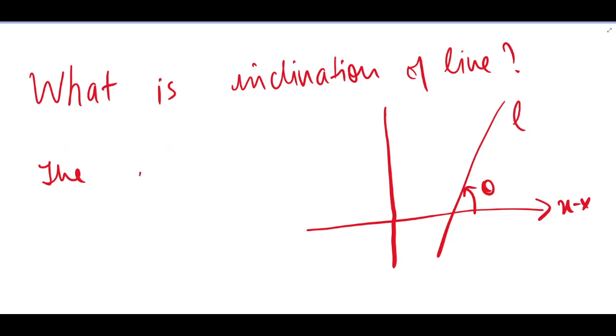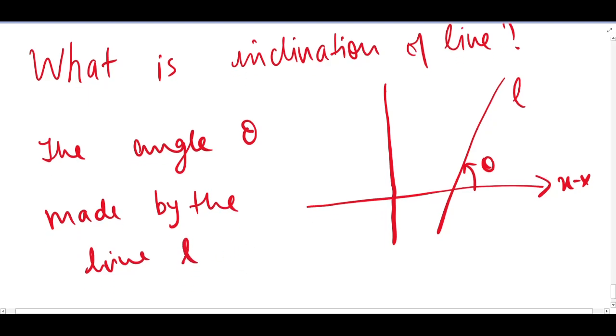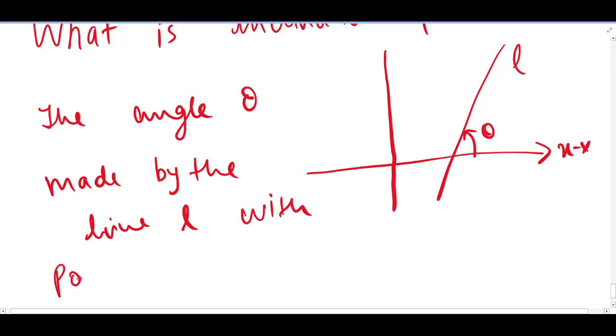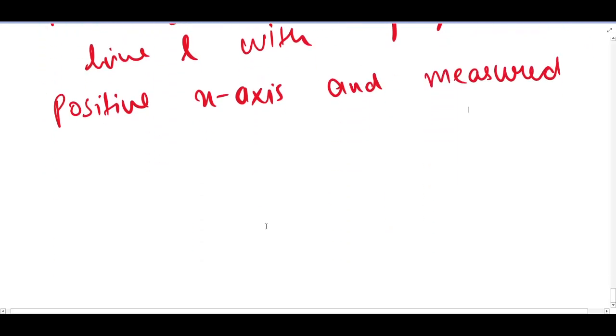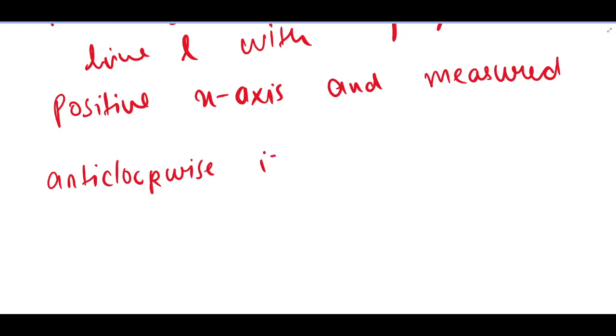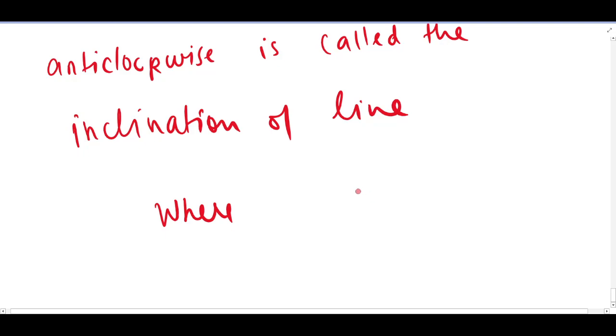So the angle theta made by the line L with the positive x-axis and measured anti-clockwise is called the inclination of a line, where theta lies between 0 and 180 degrees.